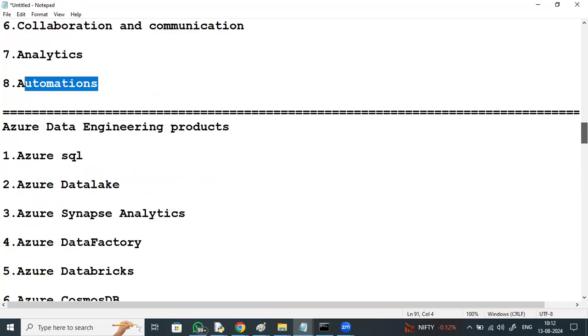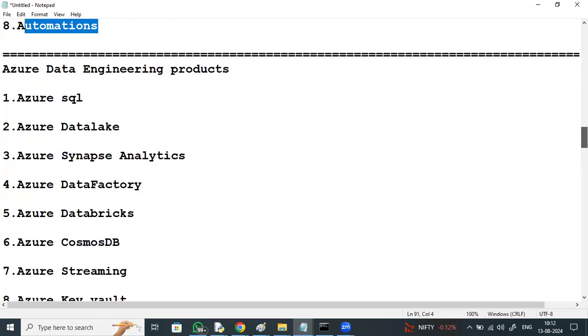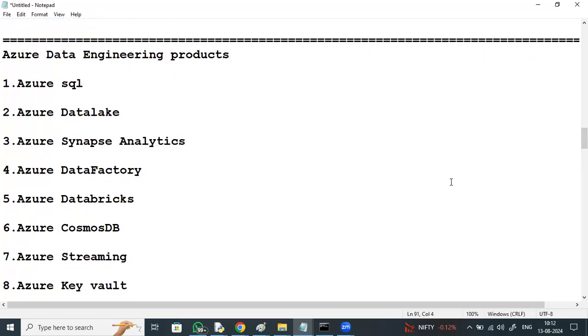Yesterday, I was giving an overview of the Azure Data Engineering products or services, right? Azure SQL, Azure Data Lake, Azure Synapse Analytics, Azure Data Factory, Azure Databricks, Cosmos DB, Azure Streaming, Azure Key Vault.